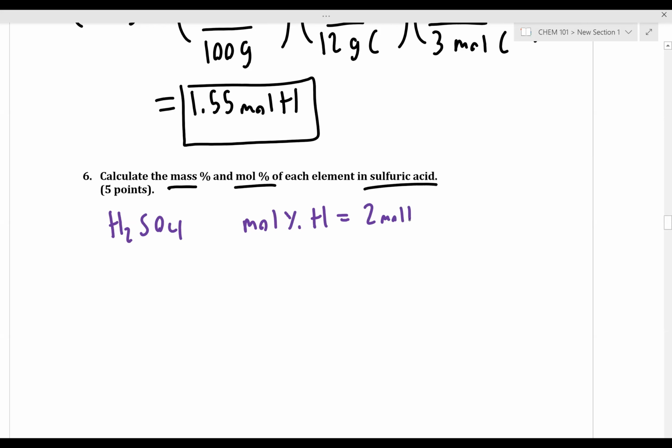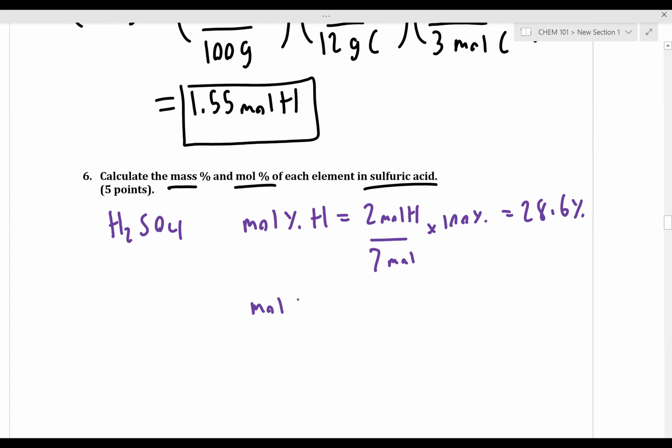So we have 2 moles of hydrogen, and how many total moles? 7. Okay. So we have 2 over 7 times 100, and that in turn gives us 28.6%.